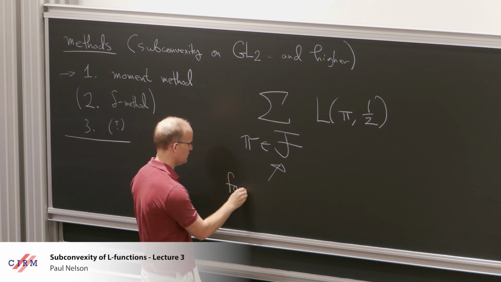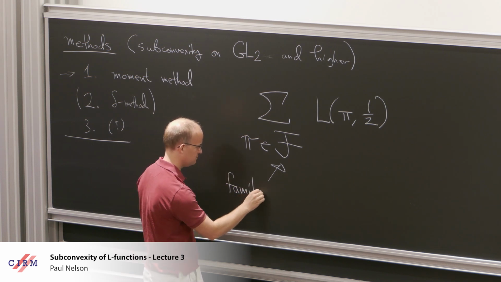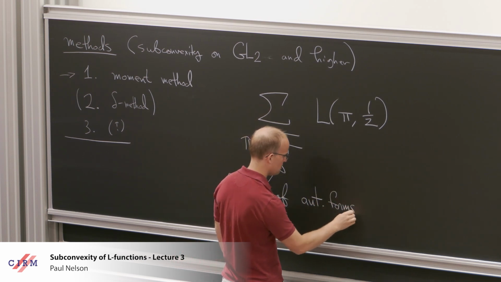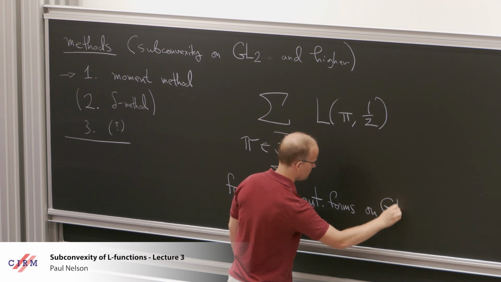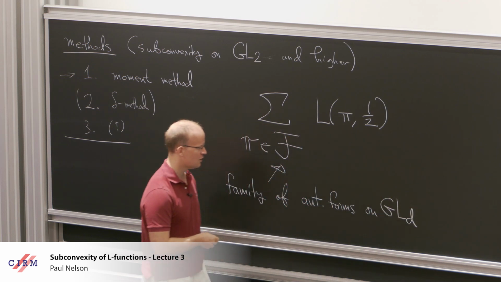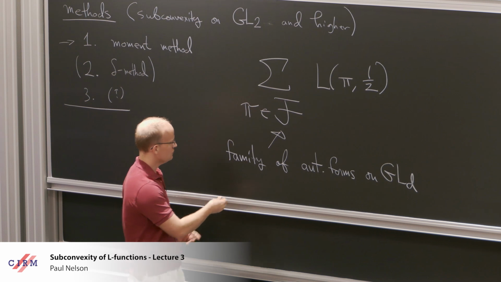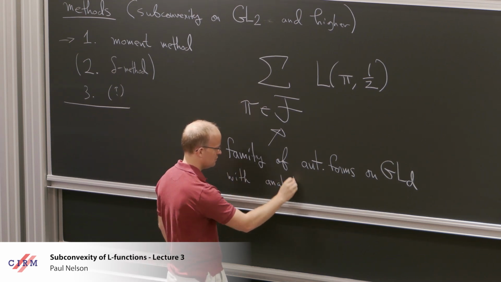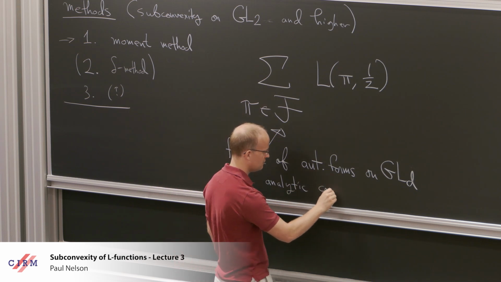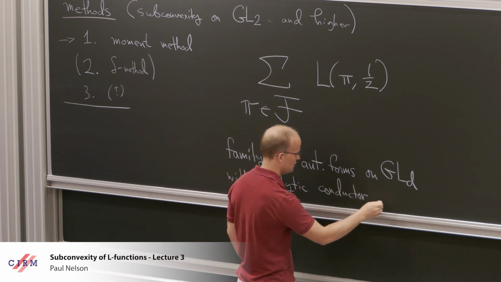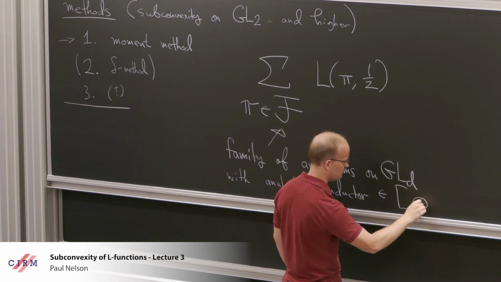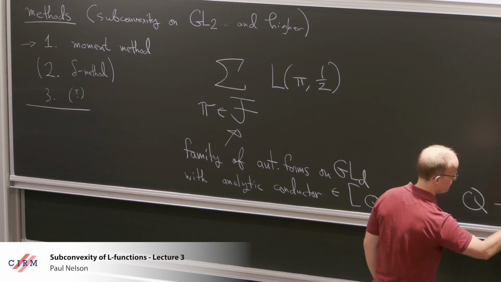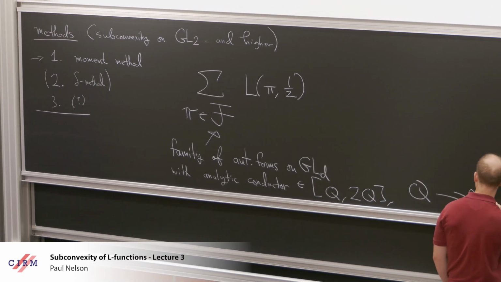And so maybe it's some family, for example, of automorphic forms or automorphic representations on some general linear group, so there's some degree involved. And typically we break these families down into ranges according to their analytic conductor. So the analytic conductor, let's say, is in some interval, maybe Q, 2Q, where Q is some parameter that we have tending off to infinity.